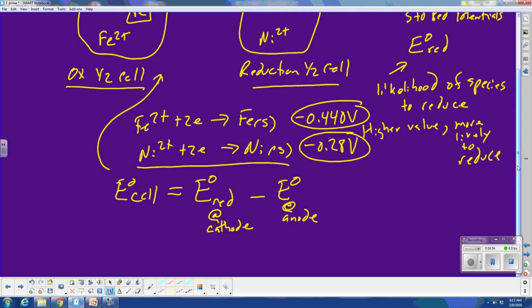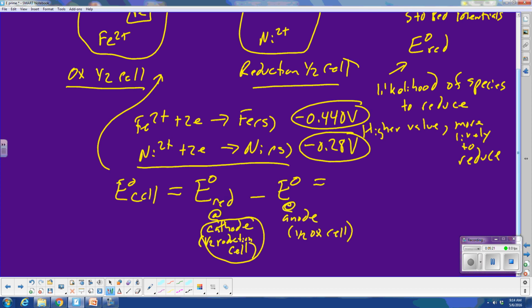And so that means we find the standard reduction potential for the thing that is reducing, and another way to think about the anode or the cathode is that the cathode is my half reduction cell, and the anode would be my half oxidation cell. Good. So how do I figure out the cell potential here? I'm going to find where's my cathode, where's my half reduction.